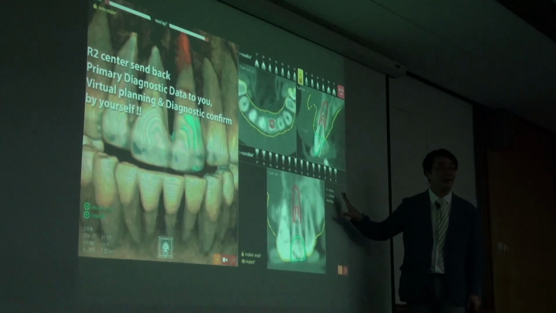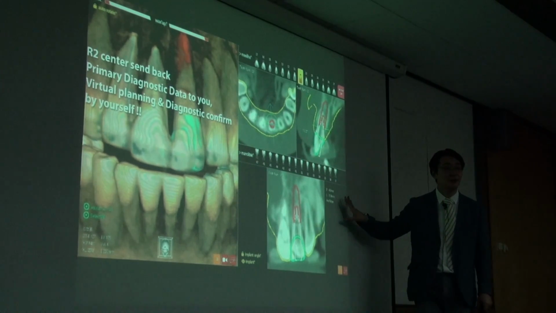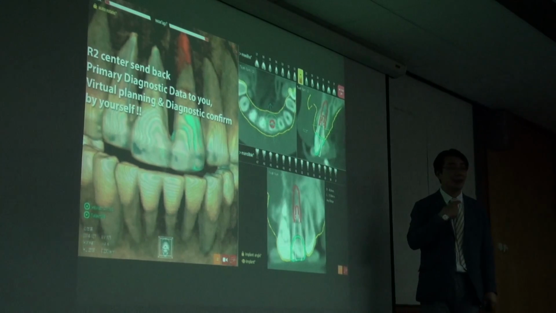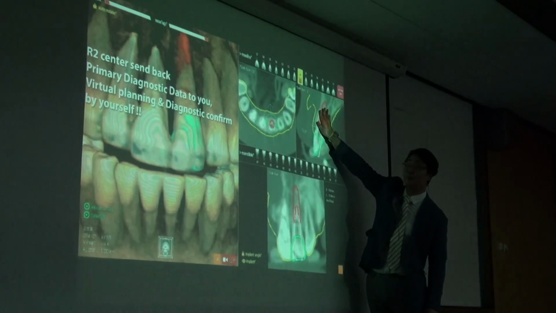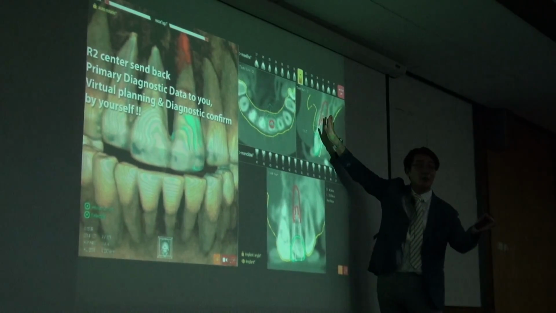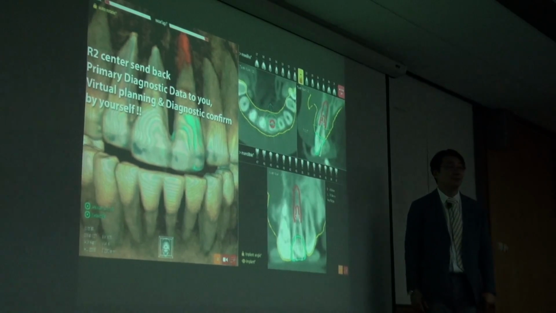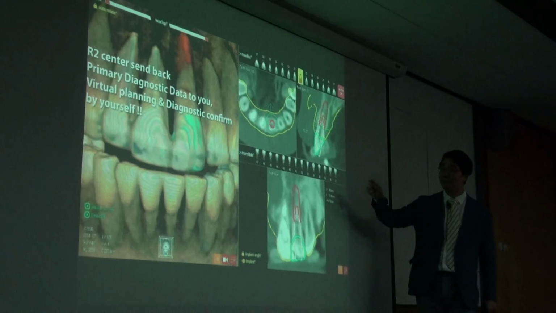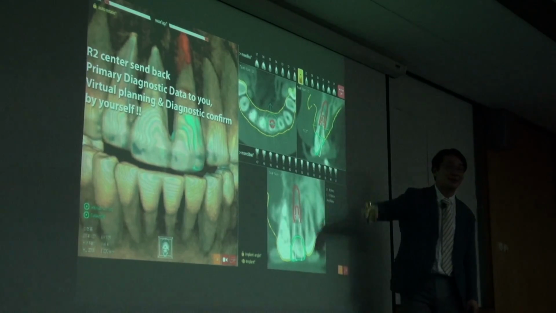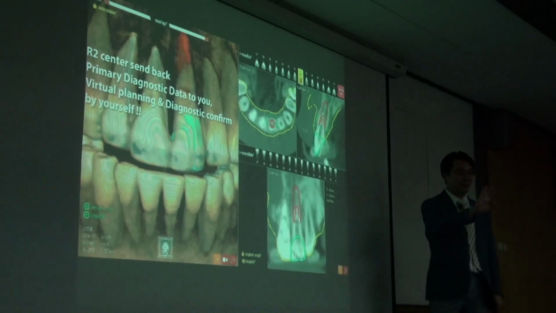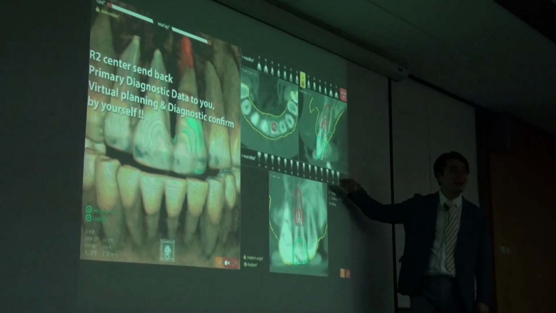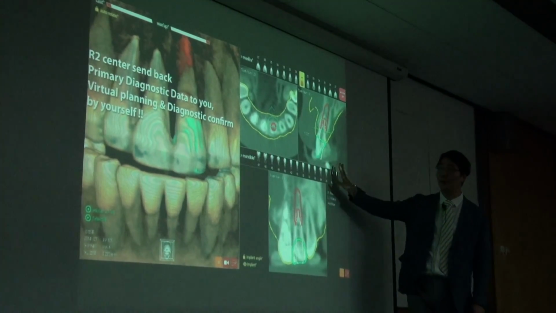After that, they send this data to you. As a dentist, our job is very simple, correcting the implant position based upon your concepts. You don't have to spend time to merge or make the diagnostic exams. Our job is making the implant position. It takes less than 10 minutes, and then confirm.